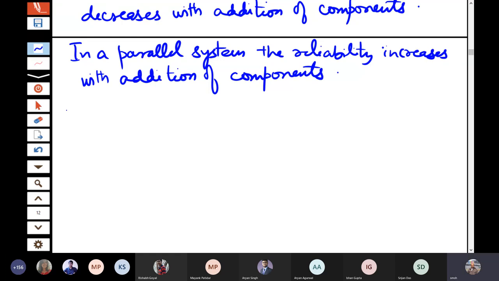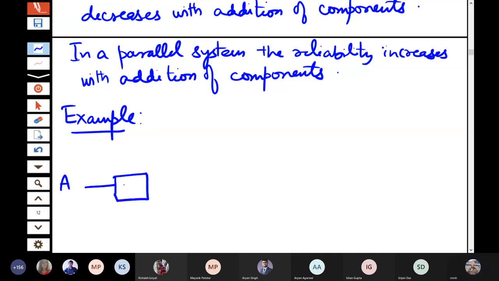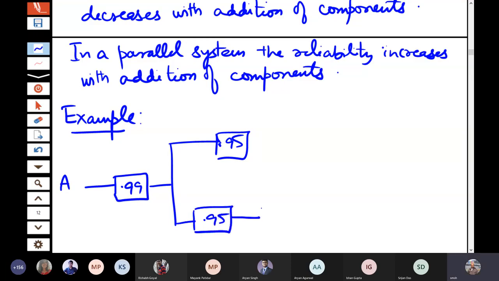So let me take an example here. We have A here, with system reliability 0.99. Then there are two components connected in parallel, each having reliability 0.95.